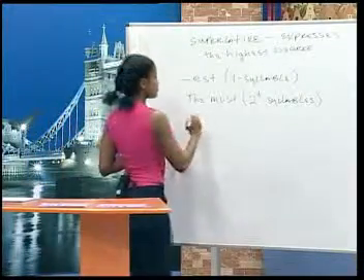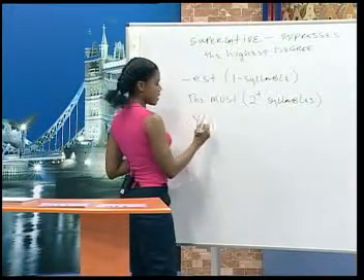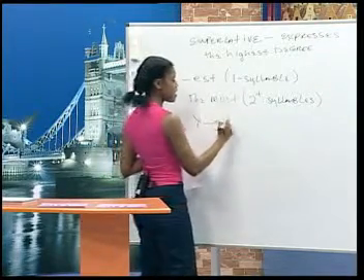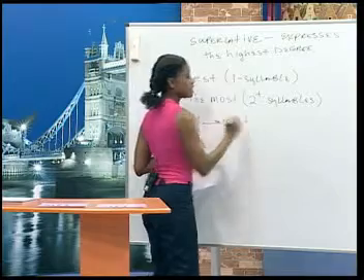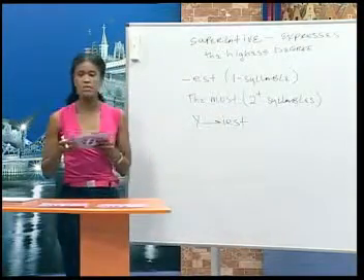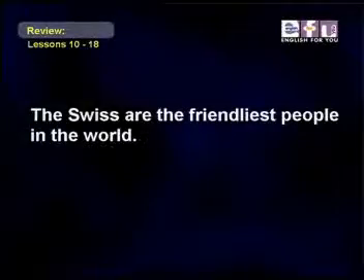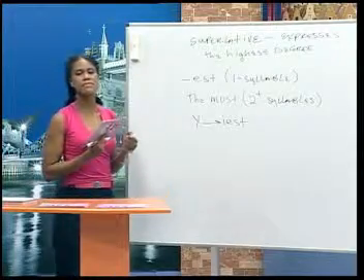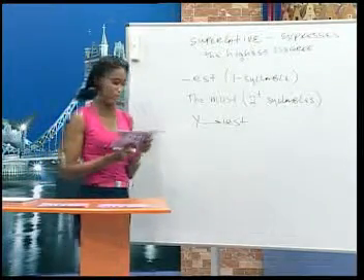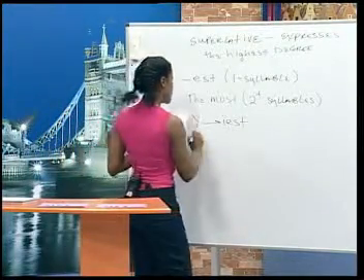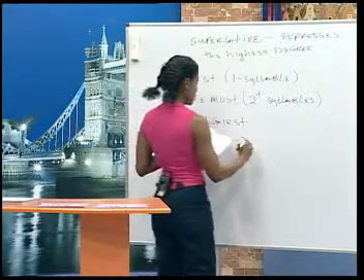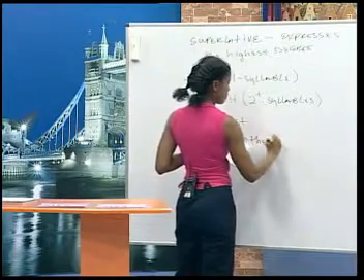And of course, for adjectives ending in Y, in the superlative form, the Y becomes I, and then you add est. For example, the Swiss are the friendliest people in the world. And of course, like comparatives, there are some irregular superlatives. For example, good in the superlative form becomes the best.